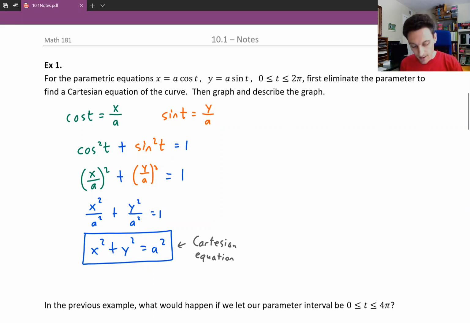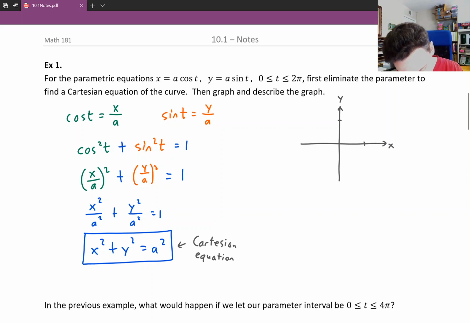Now it says graph and describe this graph. Well, if we draw a little coordinate system in the xy plane, then the graph of this curve looks like a circle with radius a. So we can write our scale with a's in it.